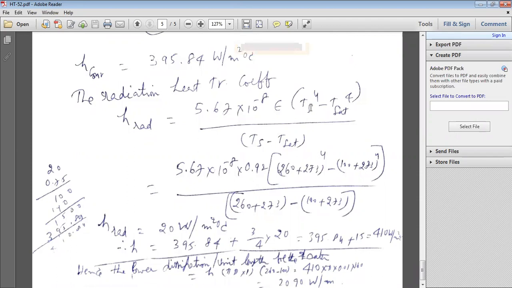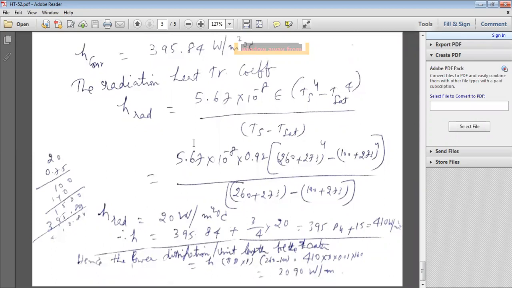You have to convert into Kelvin, because here it is to the power 4, we are not taking a difference. So (260 plus 273) to the power 4 minus (100 plus 273) to the power 4, divided by (260 plus 273) minus (100 plus 273). From this, the radiation heat transfer coefficient H radiation is 20 watt per meter square degree centigrade.